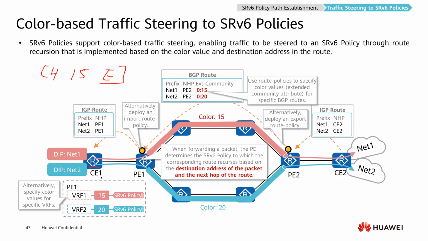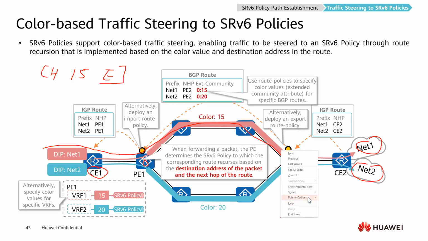For example, CE11 sends a packet to network 1 or network 2. Network 1 and network 2 have the same head end and endpoint. So as long as I can define the color, different traffic will go into different tunnels.